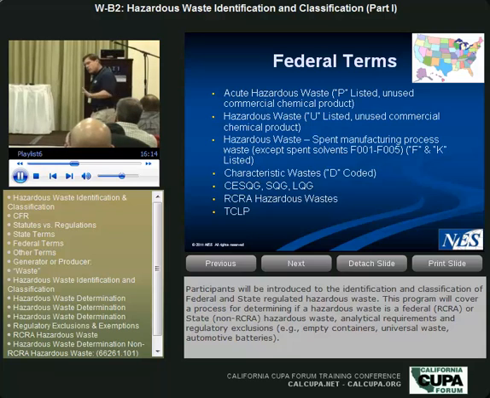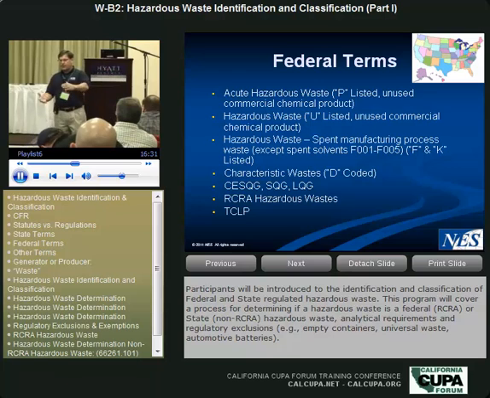And those federal wastes all have what are called D codes assigned to them. So if it's ignitable, it's D001. If it's corrosive, it's D002. If it's reactive, it's D003, and so on and so forth. And then we have categories or lists of generators, and we have 3 types of generators for those that produce or subject the waste to be managed as a hazardous waste.